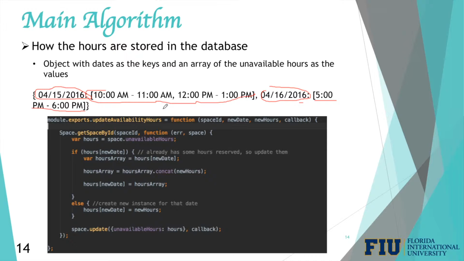We then set that new array to be with that key. If the date does not exist, then we simply create a new instance of it in the object by setting the date as the key and the hours as the value. Then we call space.update and update the hours in the database.